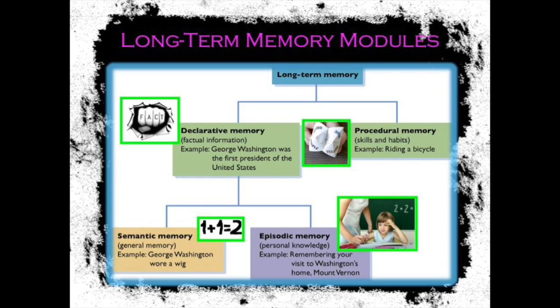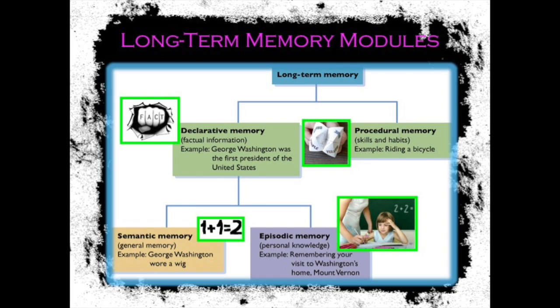So there are different types of long-term memory, or long-term memory modules, and the first type we're going to talk about is procedural memory. And procedural memory is memory for skills and habits. Riding a bike, hitting a baseball, this is your memory for how to do things. And then declarative memory is memory for factual information: names, faces, dates, facts.